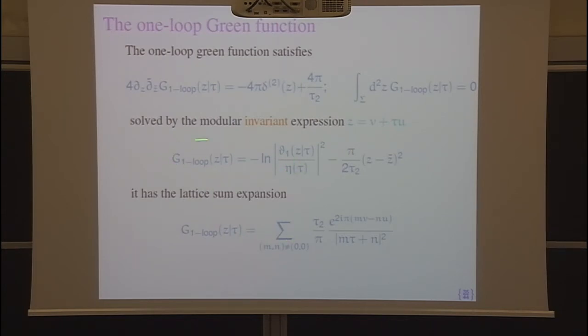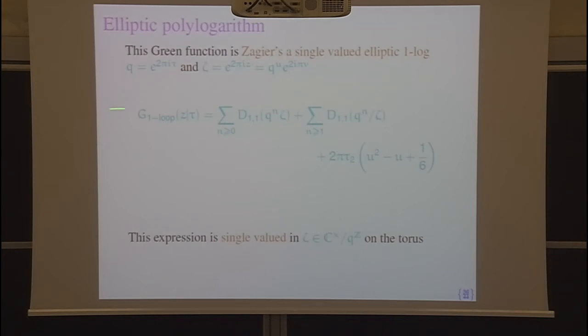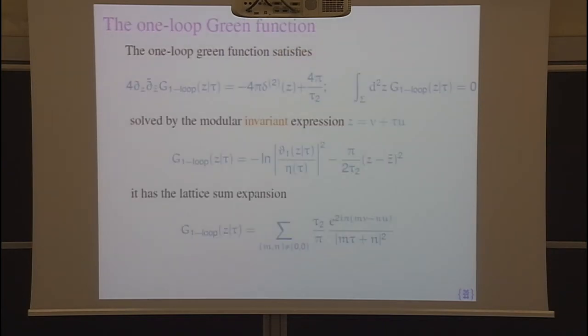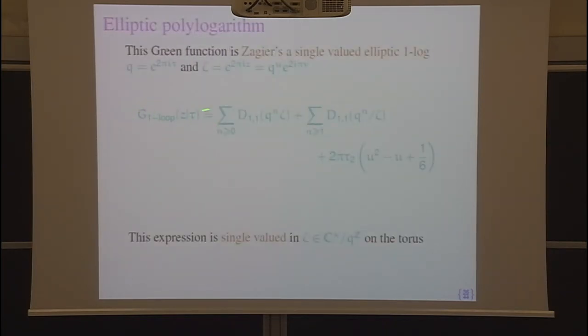So this object has a nice lattice representation in terms of Kronecker-Eisenstein series. Here you see the propagator on the torus, and then you see the phase. But what is more important for me is that I can write this object this way.